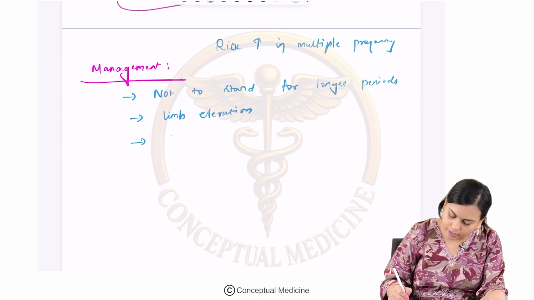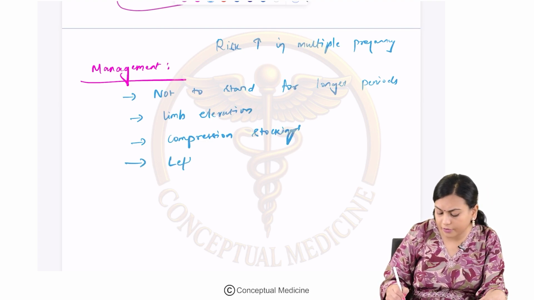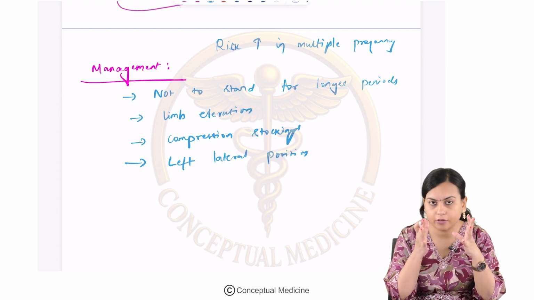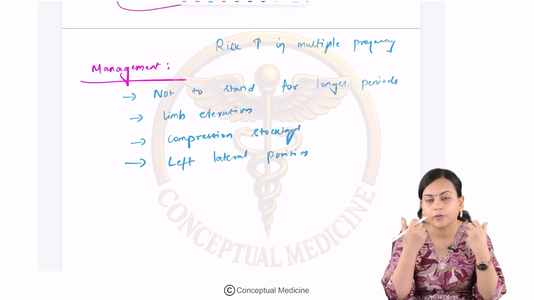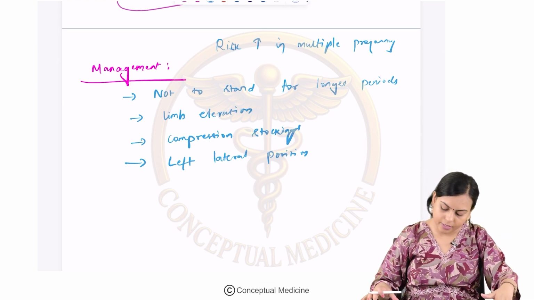You can even give them compression stockings. Then you can advise a left lateral position. Why? Because when the patient is lying in left lateral position, the uterus is not going to compress the venous return. So venous return will be enhanced, and so this can be relieved.